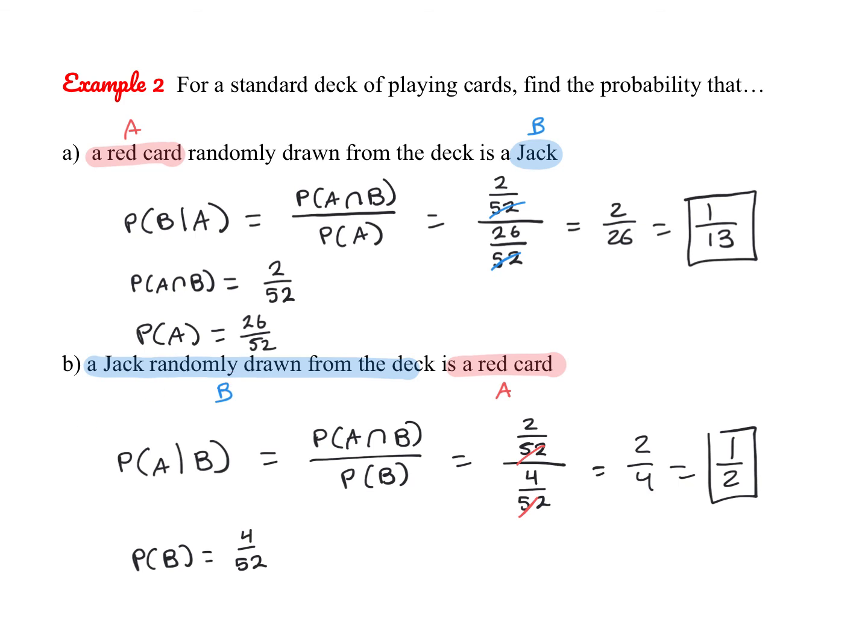If you're wondering what's the probability that a jack that you draw is a red card, well, there's 4 jacks and there's 2 red cards, so it's 2 out of 4. Again, if it were drawn out in a two-way table, it would be even easier to do, but this is how you can do it using that formula. Logically, it should make sense to you why these numbers are where they are.